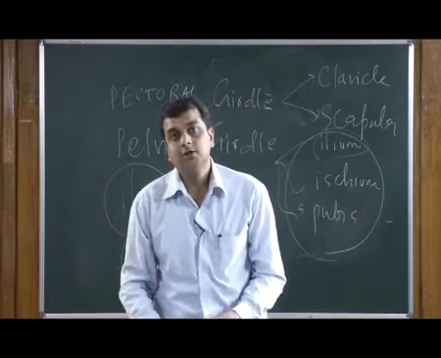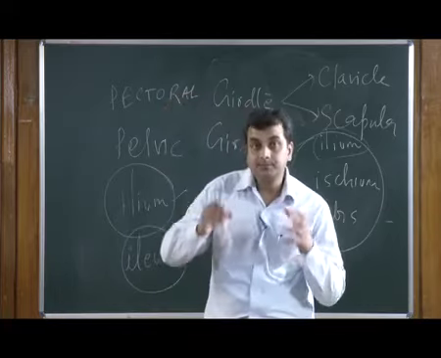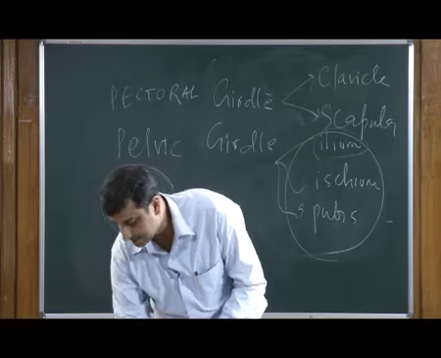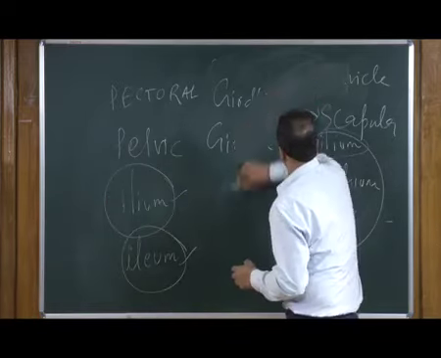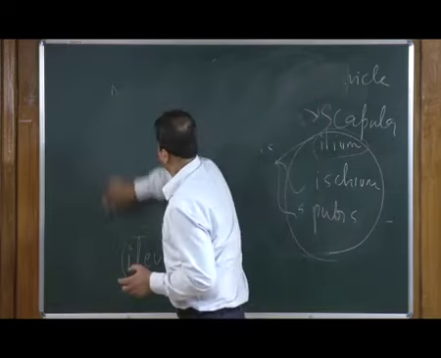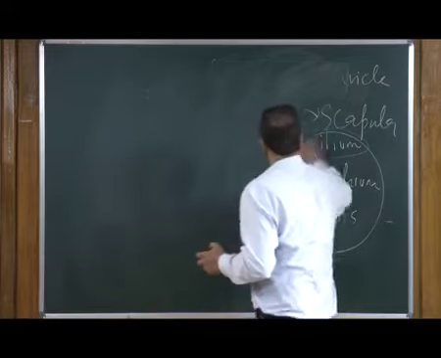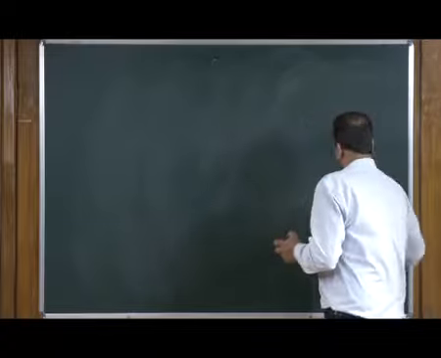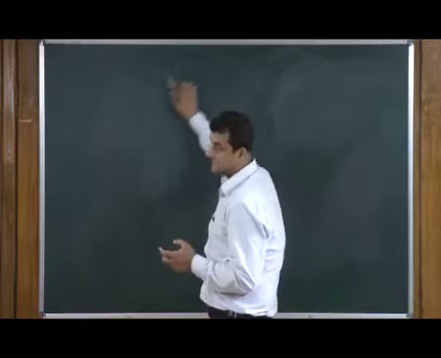Let's move on to a very important aspect of this bony framework, and that is joints. These joints are very important because you can't do movement if you don't have joints intact.